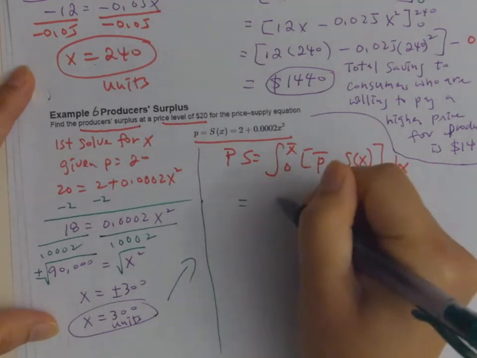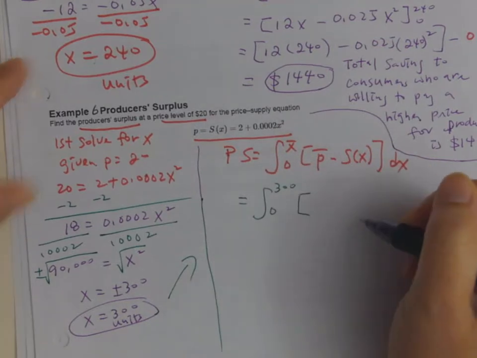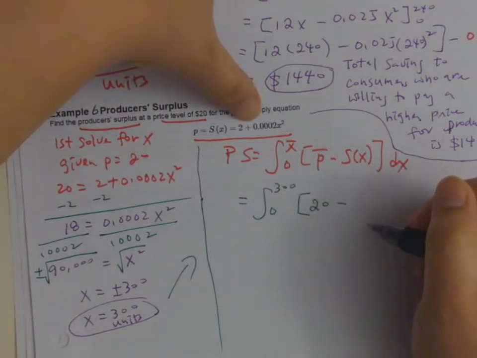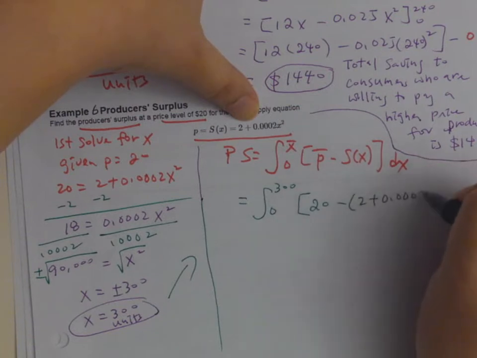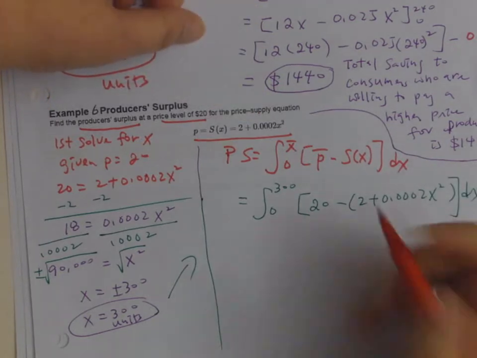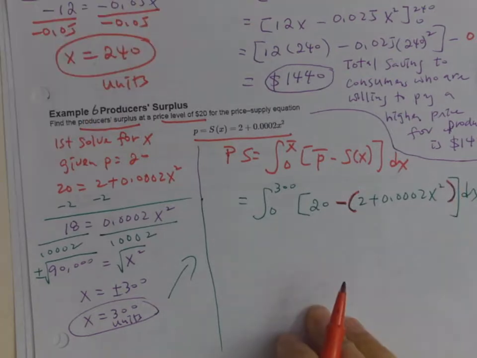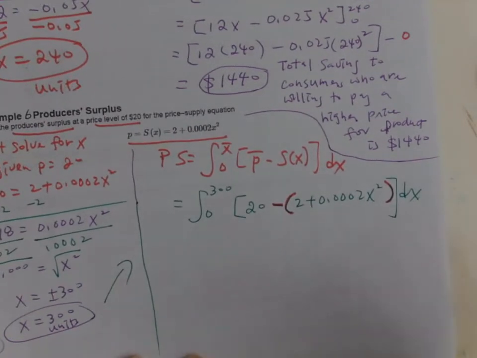So we're going to have the integral from 0 to 300 units of my price, 20, minus whatever that is, 2 plus 0.0002 x squared dx. So be super careful. You are subtracting the price functions, which means your negative needs to be distributed to both terms, right?